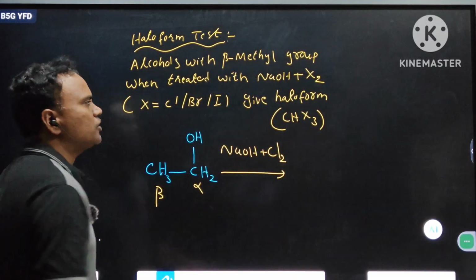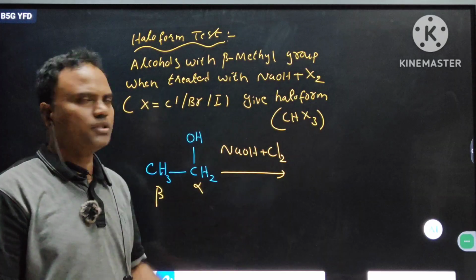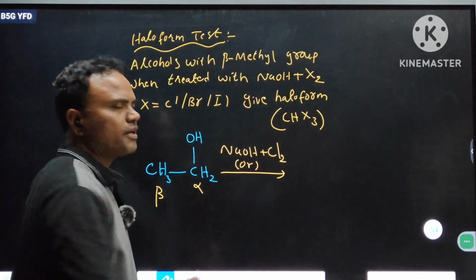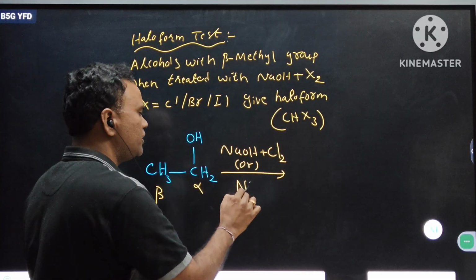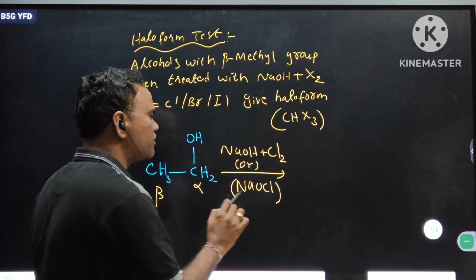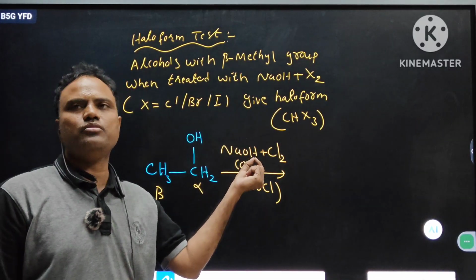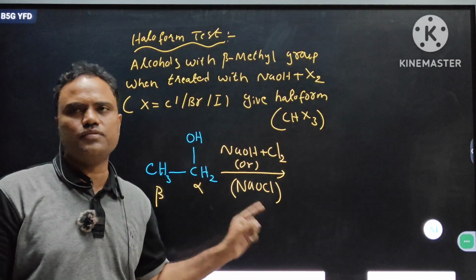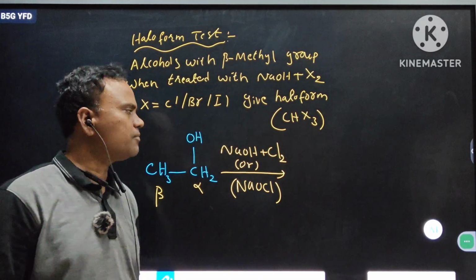Let us take chlorine in the place of X. Very important point. This reagent can be represented like this also: NaOCl. Don't get confused. When we mix these two, we'll get NaOCl. I already gave this format in the first chapter also.